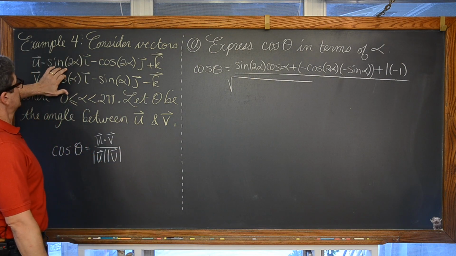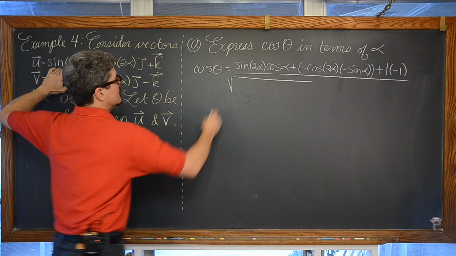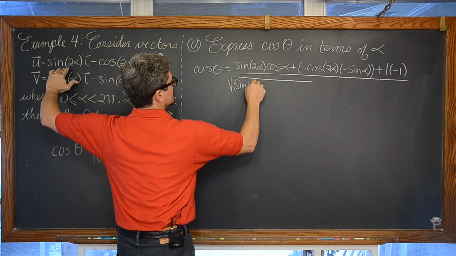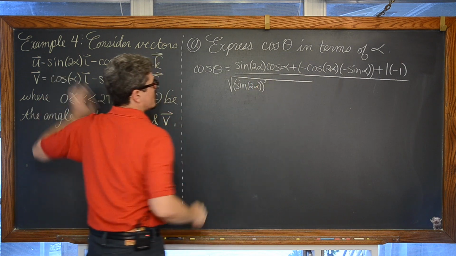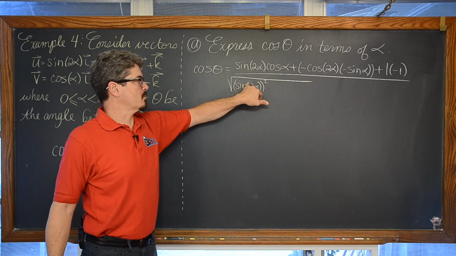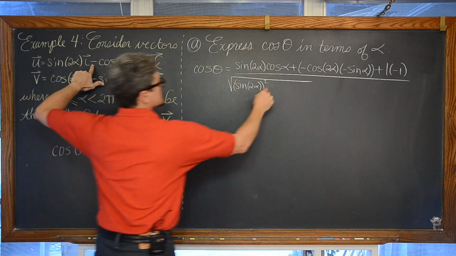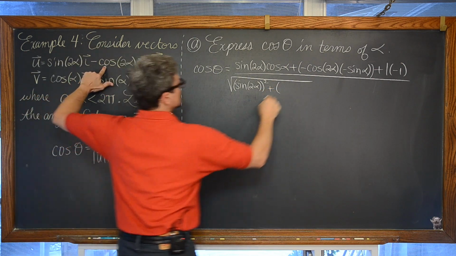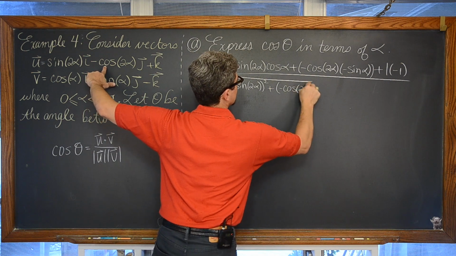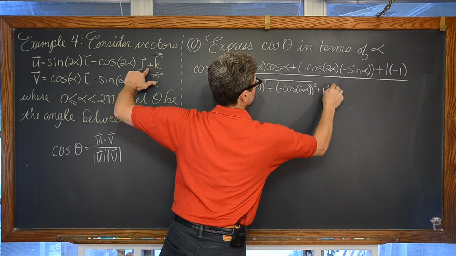So for vector u, keep that first like our notation, we have sine of 2 alpha, the whole thing squared. We're going to write this in a second. Sine squared of 2 alpha plus negative cosine of 2 alpha squared plus 1 squared.